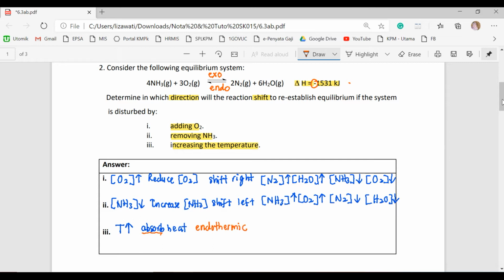Because of that, the equilibrium position will shift to the left. What will happen next? The concentration of NH3 will increase, as well as O2. However, the concentration of the products decreases.